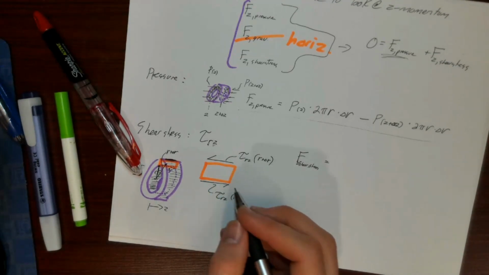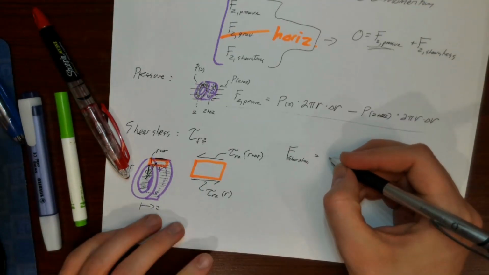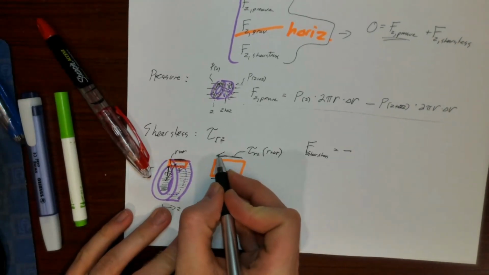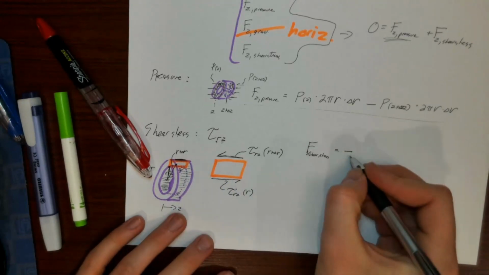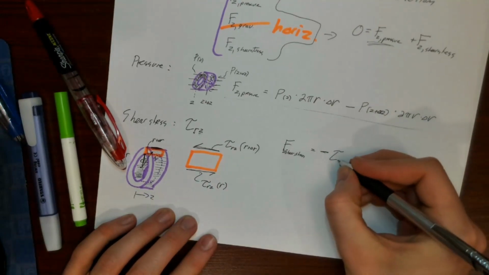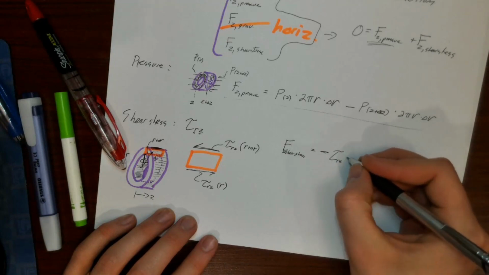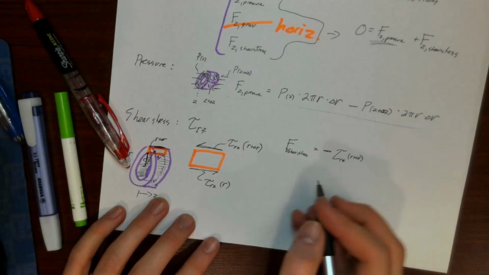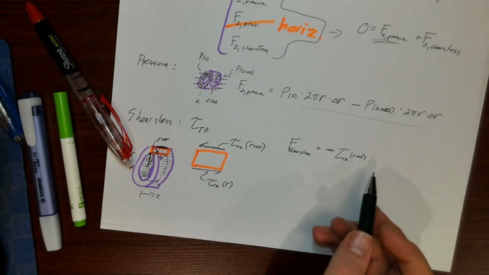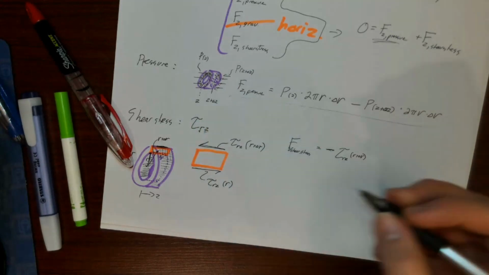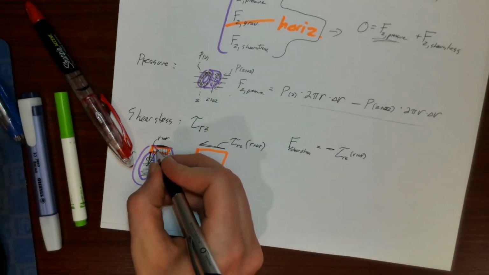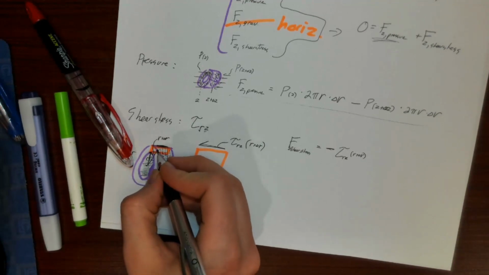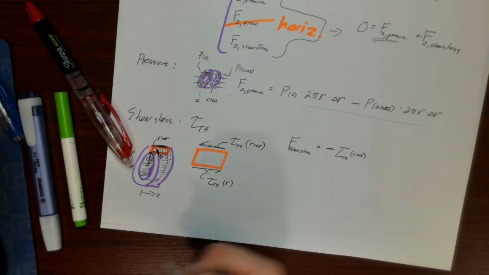So let's do the outer surface first. There's a minus sign out front because this tau rz by positive convention is pushing us in the minus z direction, and it would be tau rz at r plus delta r times the area, since force is equal to shear stress times area. What is the area of this outer face? Keep in mind this outer face is at a slightly bigger radius than the inner face, at a radius of r plus delta r.